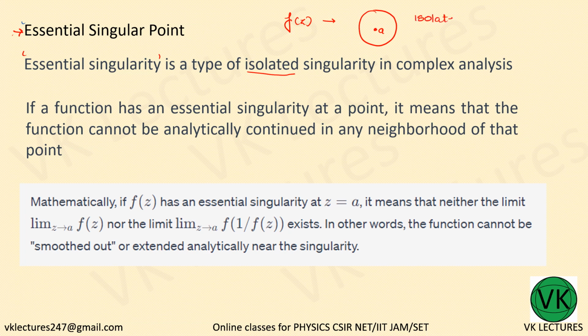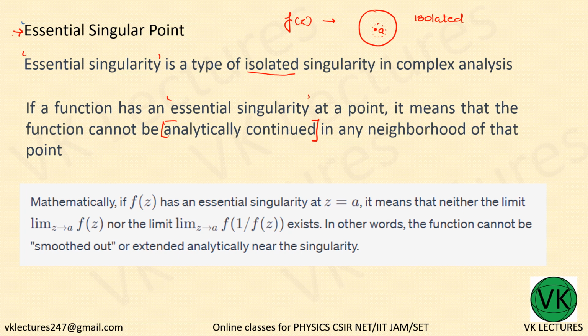It is isolated if there are no other points neighboring the a where the function is not analytic. So if the function has an essential singularity at a point, then the function cannot be analytically continued in that neighborhood of that point.